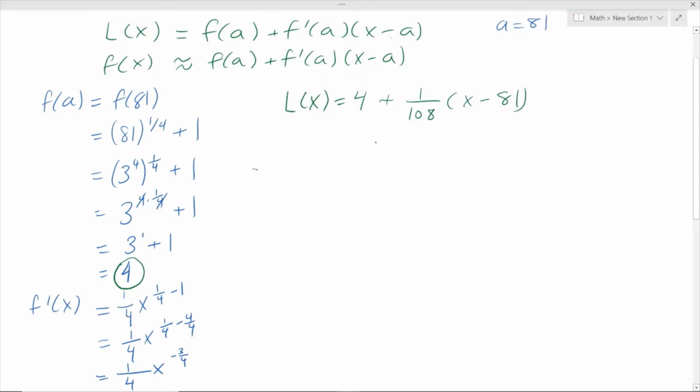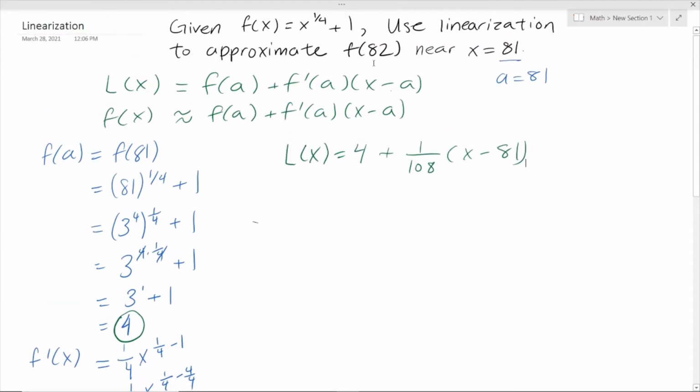And we are trying to approximate this at x equals 82. So f of 82 we're trying to find. So we are going to plug in x equals 82 in here, into the other x.